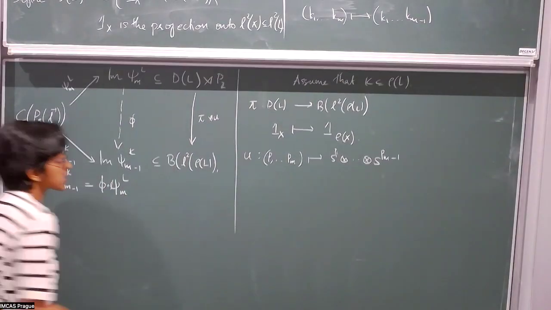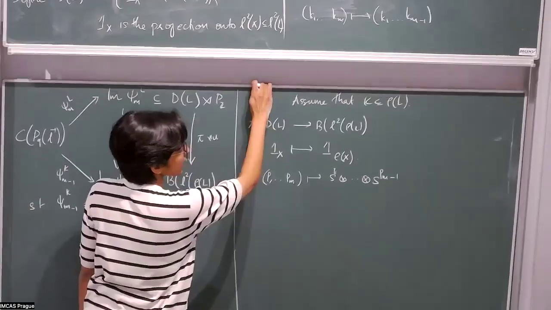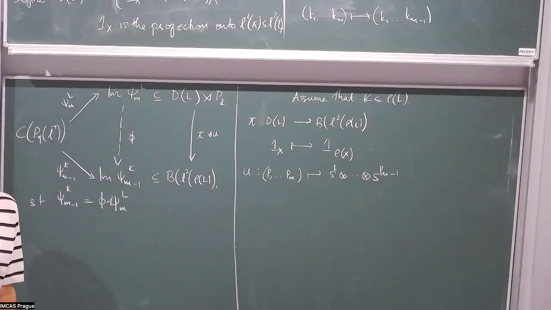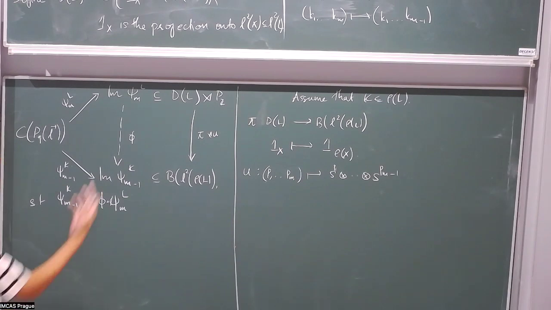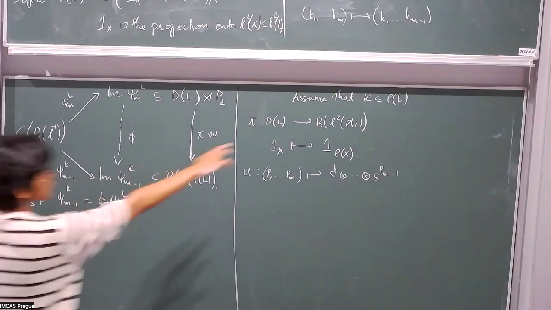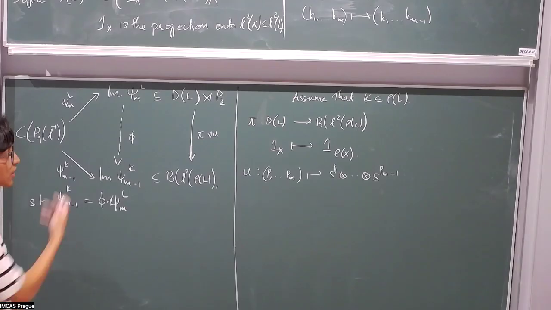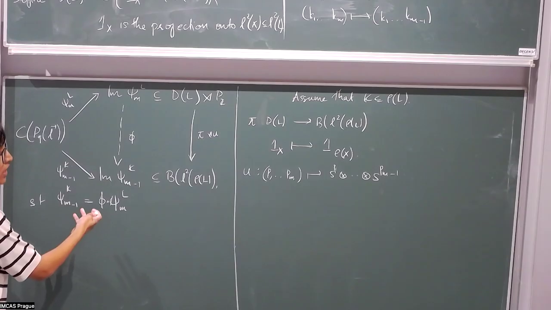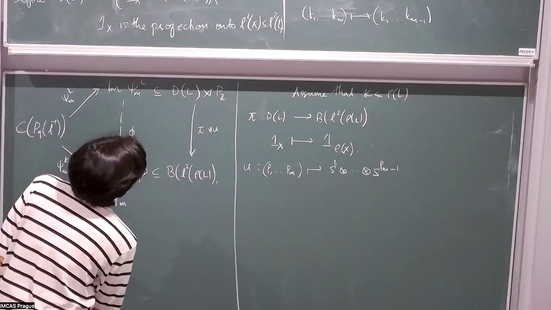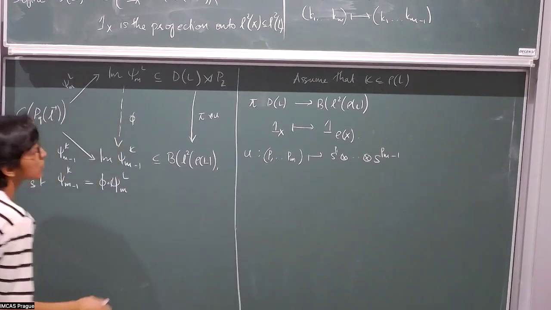So here, I said that I'm assuming that K is sitting inside rho of L. And what happens if it isn't? We saw the definitions here. This is saying that if I chop off the last entry, then I get something in the lower level, in the upper level, depending on what you say. So if this condition is not satisfied, then I don't have an edge. Then there is a way to show that I cannot have such a star homomorphism, using the spectrum of these operators, which I'm not going into.